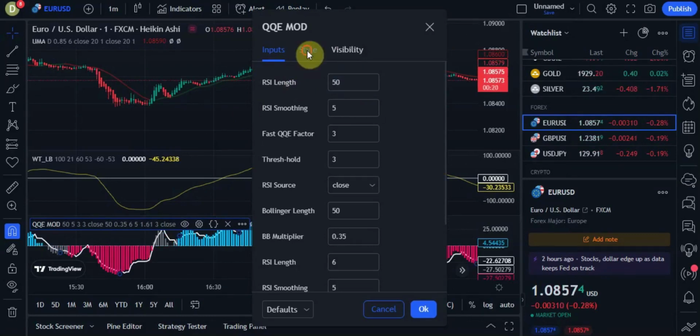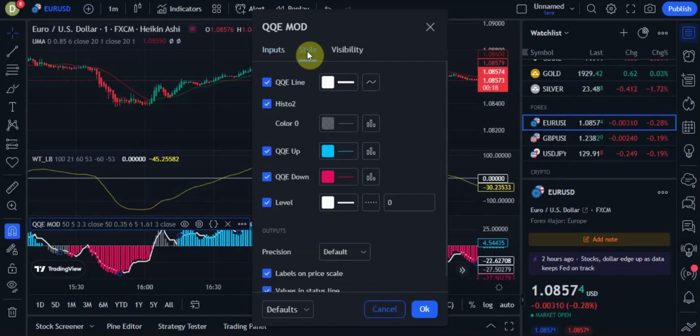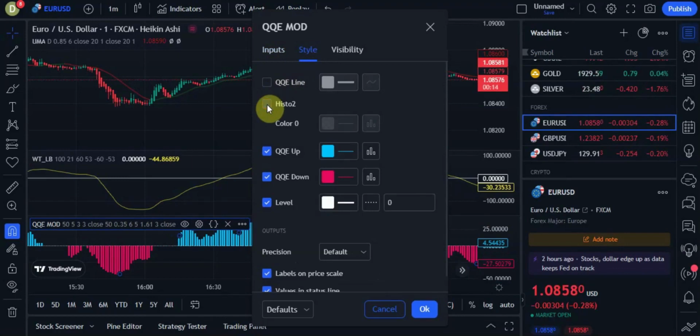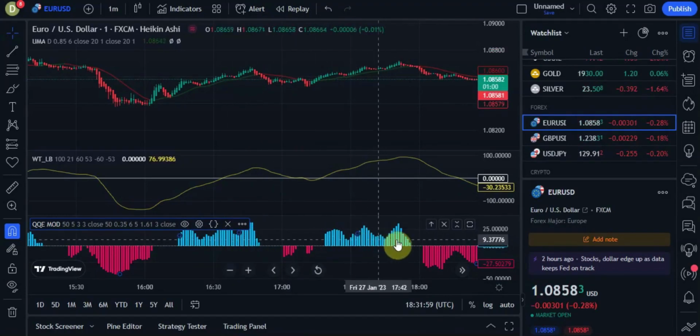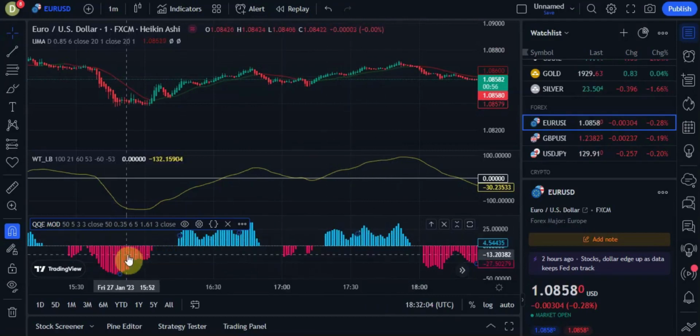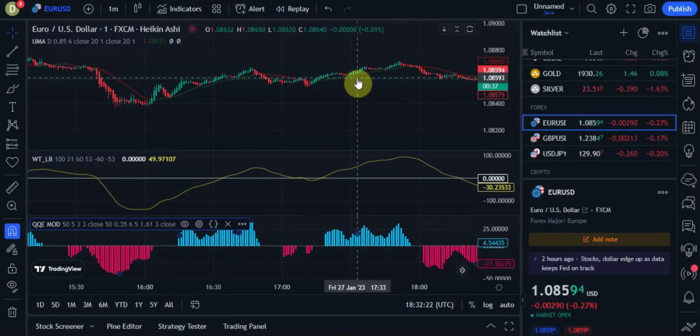And then let's go to Style, and we're just going to uncheck these 2 boxes here, the QQE line and the Histo 2, and then hit OK. So we can see we have a histogram here, okay? And whenever the histogram is above the 0 line and it has this blue color, then we know we're in an uptrend. And whenever it's below the 0 line and has this pink color, then we can see we're in a downtrend, okay?